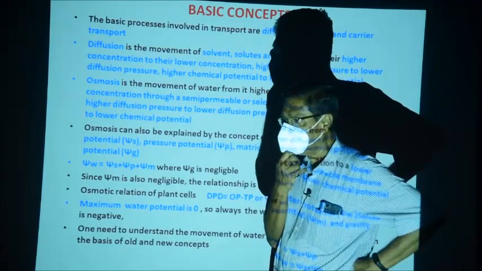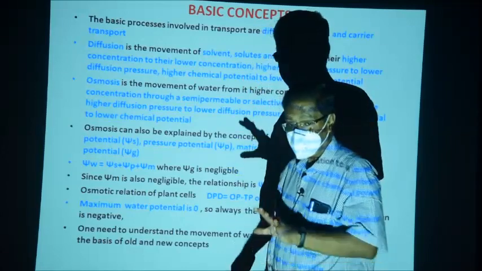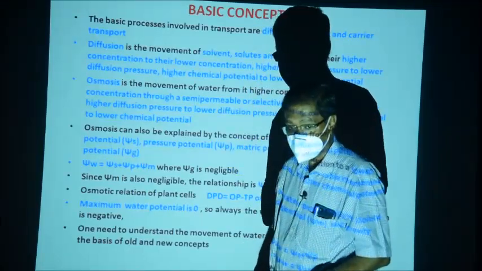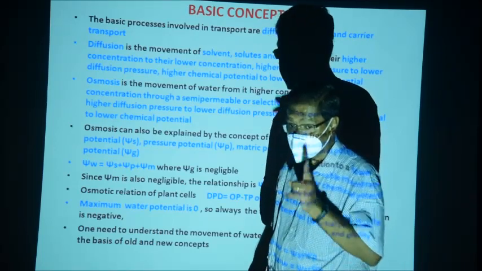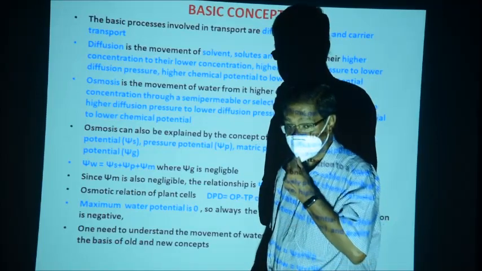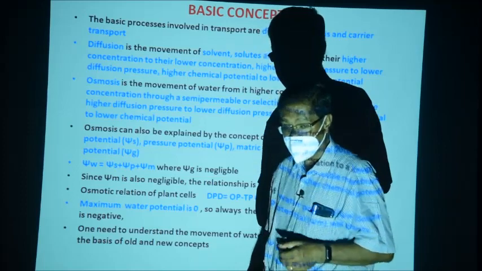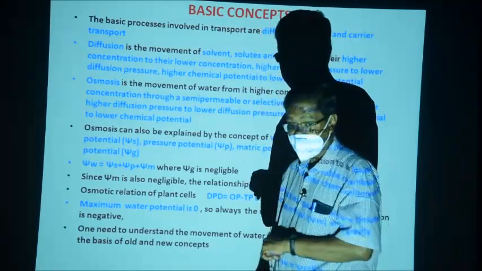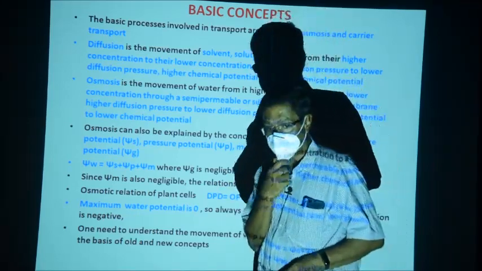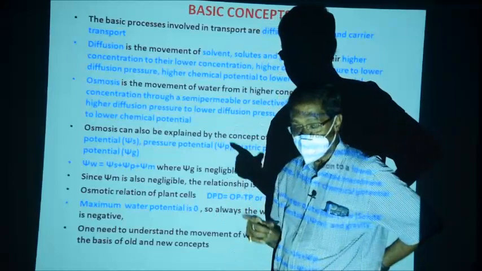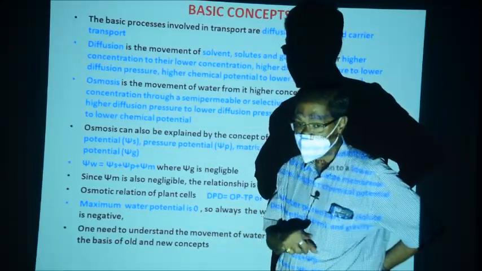So it is from lower concentration of the solution to higher concentration of the solution, whereas it is from higher concentration of the solvent to lower concentration of the solvent. Repeating again, the movement of solvent is from higher concentration of solvent to lower concentration of solvent.